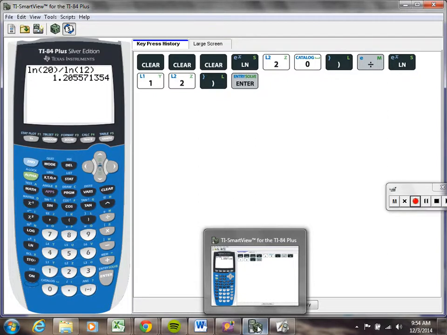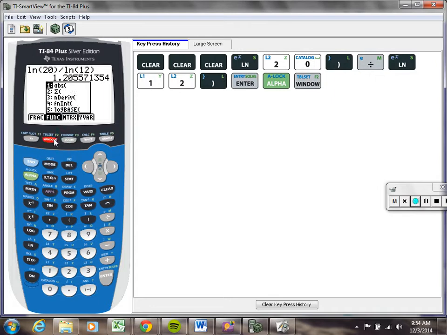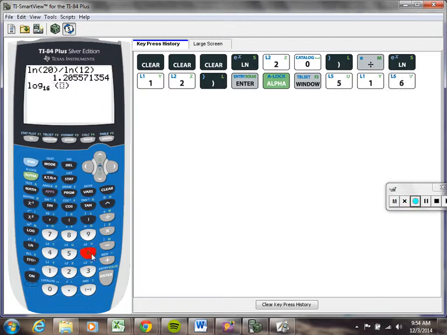Just like you can now. So, then I'm going to go log, so that was log base 16 of 8. So I could do this, my alpha F2, right? Go to 5. And go, okay, I'm going to put 16 in there. Put a little 8 in there and say, what is that answer? 0.75.